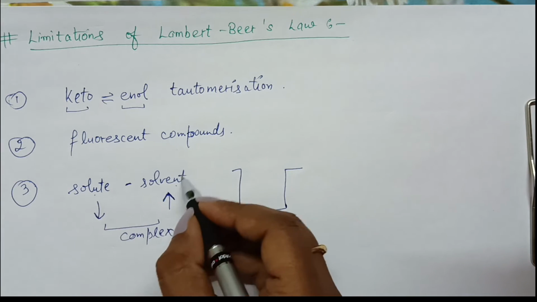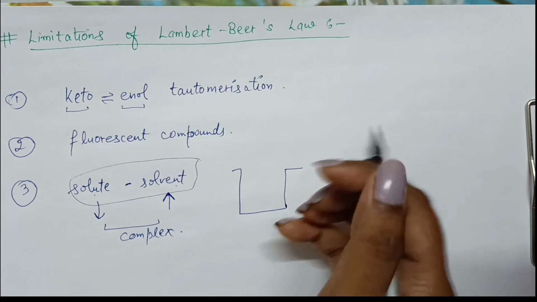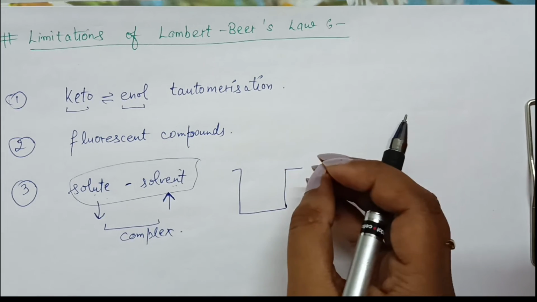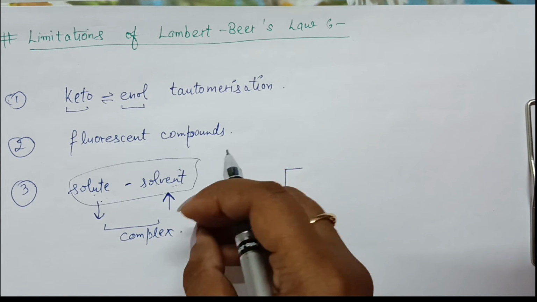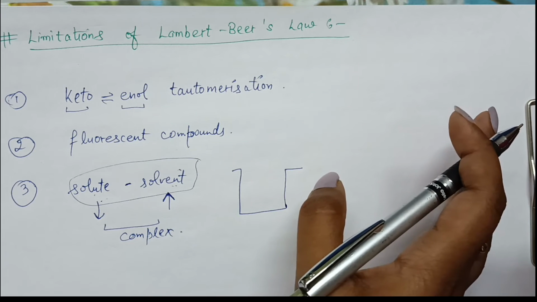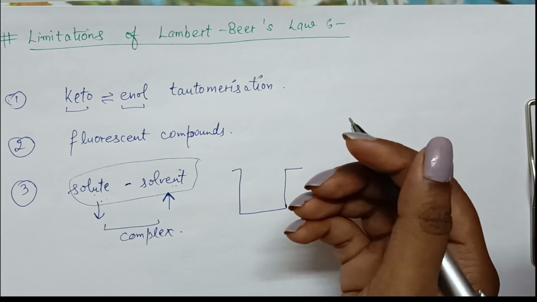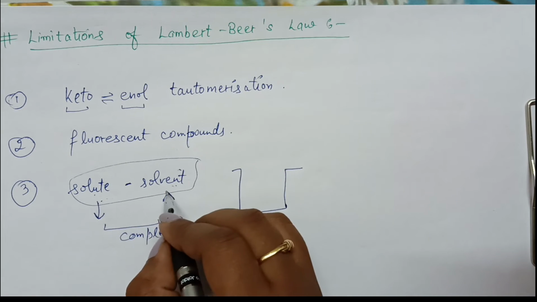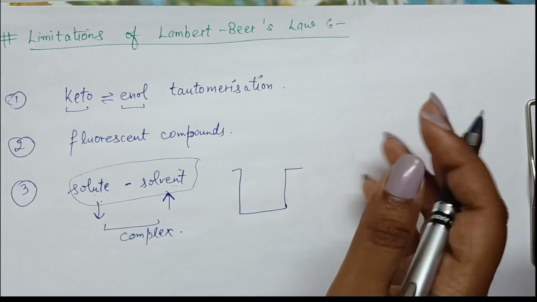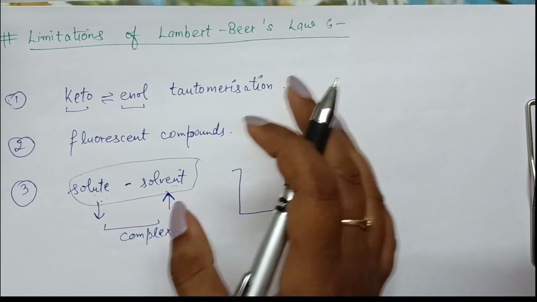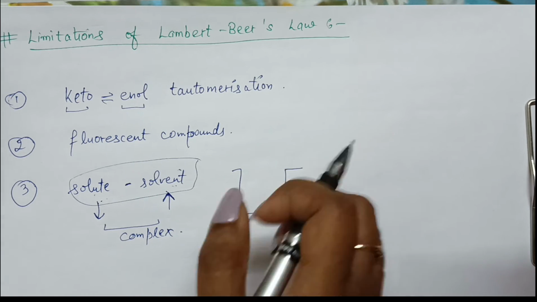There should be no association between solute and solvent, and they should not form any type of complex. If there is complex formation or some sort of association between solute and solvent, in that case Lambert-Beer law will not be applicable. So these are some of the limitations of Lambert-Beer's law where this law is never obeyed.